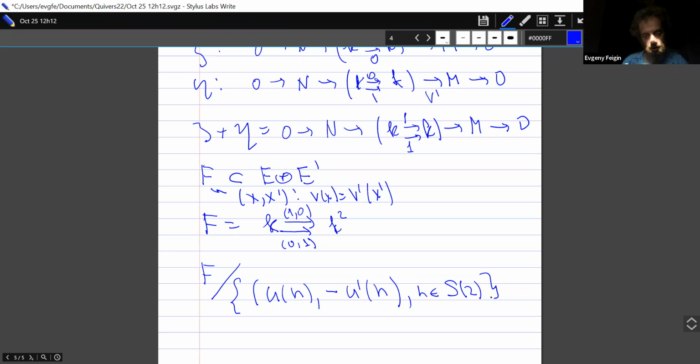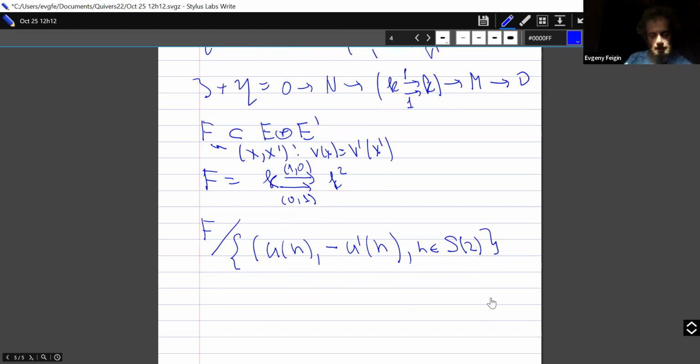So the claim is that this is isomorphic to K^(1,1). Can somebody explain why?